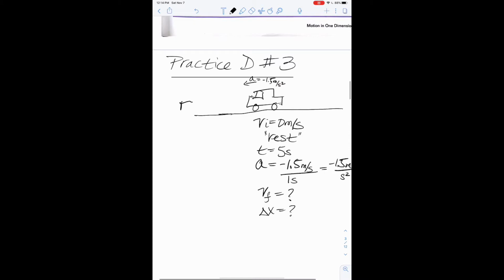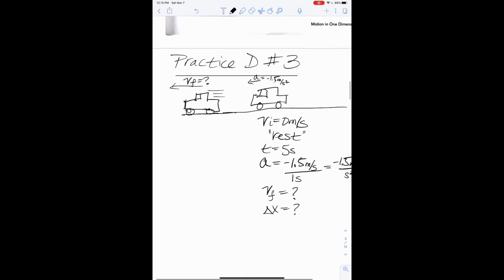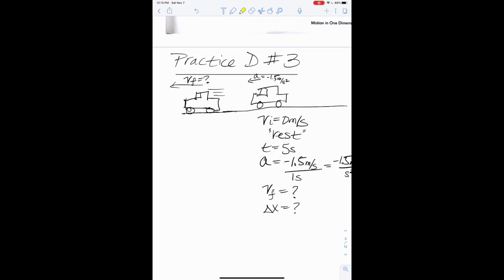At some later time, the car is going to be moving down the road, and it's going to have some VF, and we want to know what that is. All right, so what formula should we use? Let's look at this. We know VI, we know T, we know A, and we want to know VF.